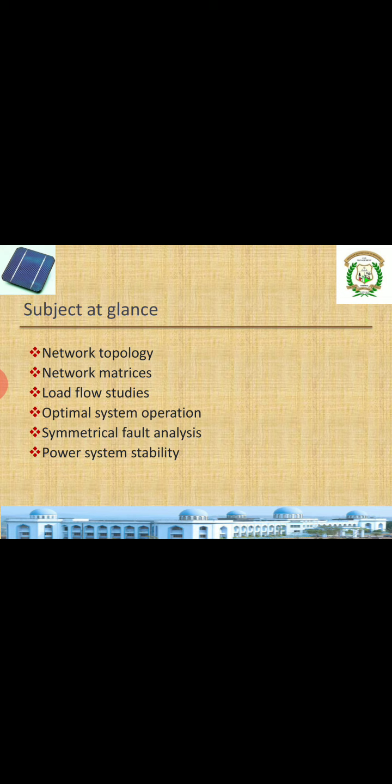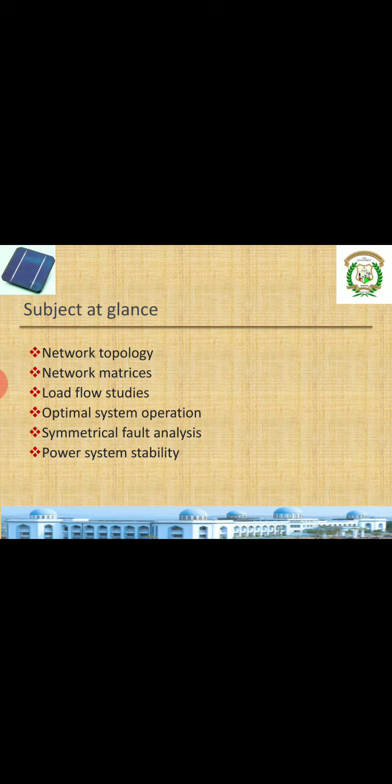These matrices help us to find the bus currents, bus voltages, or the complex powers. The next one is load flow studies, the important part of this subject, where we can find the line flows and power flows using these studies.